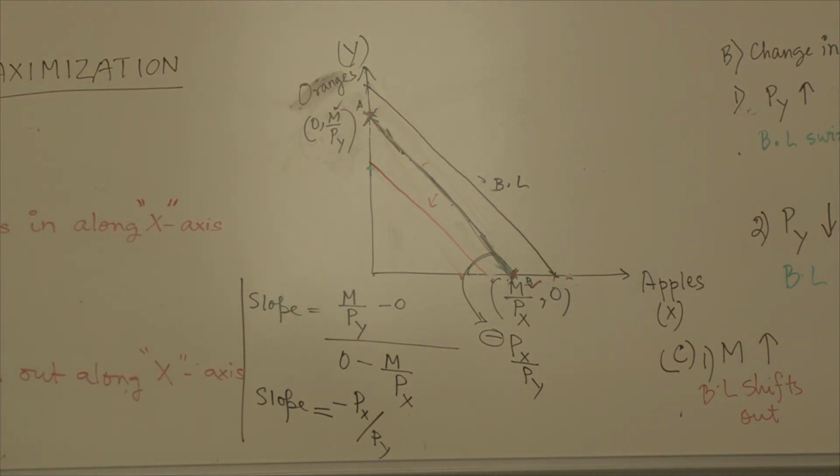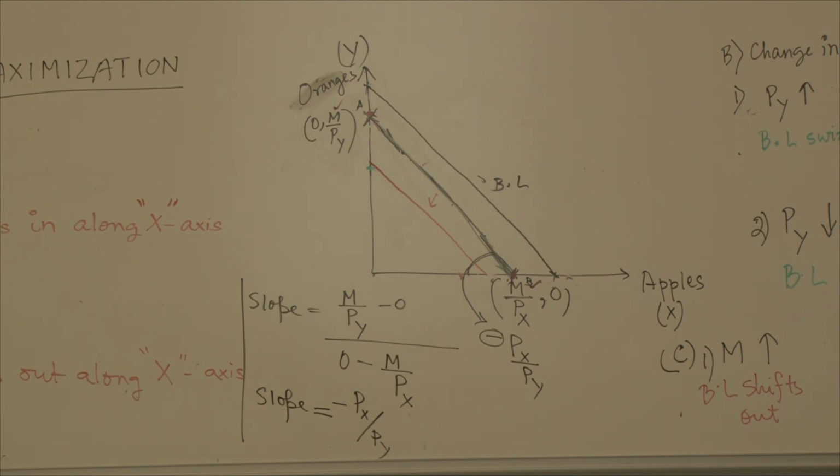Let's not go into the mathematical details of that. The ratio of the prices of the two commodities is basically the slope of the budget line. You must remember that. Intuitively, that is what you should remember.